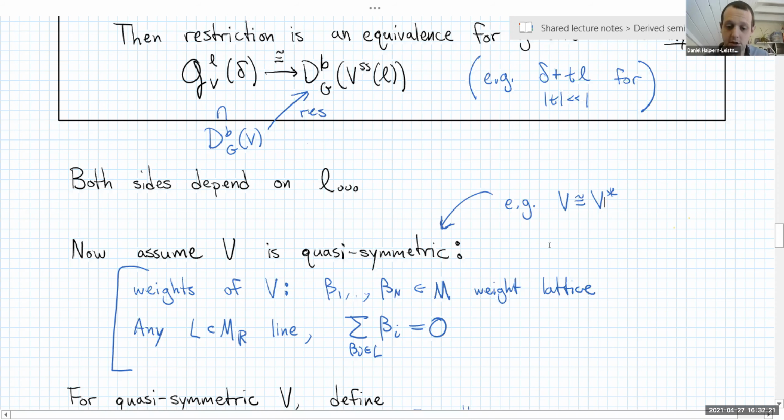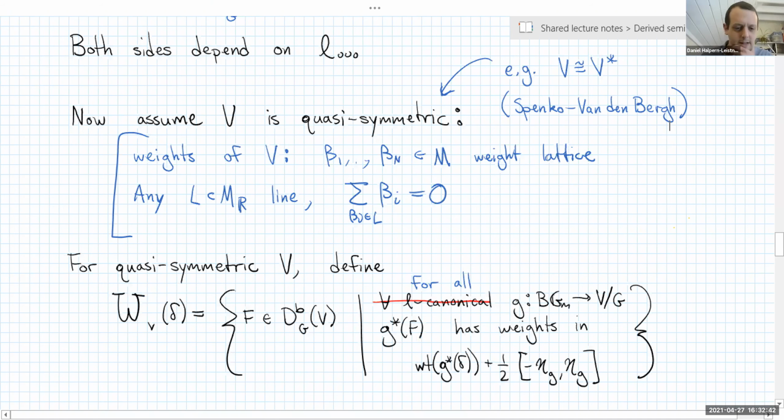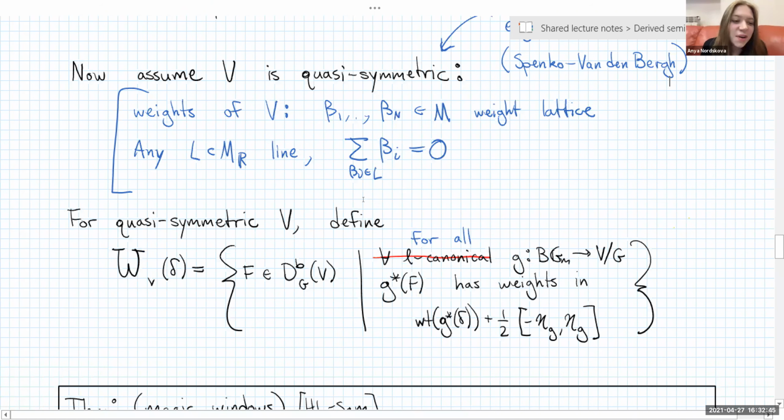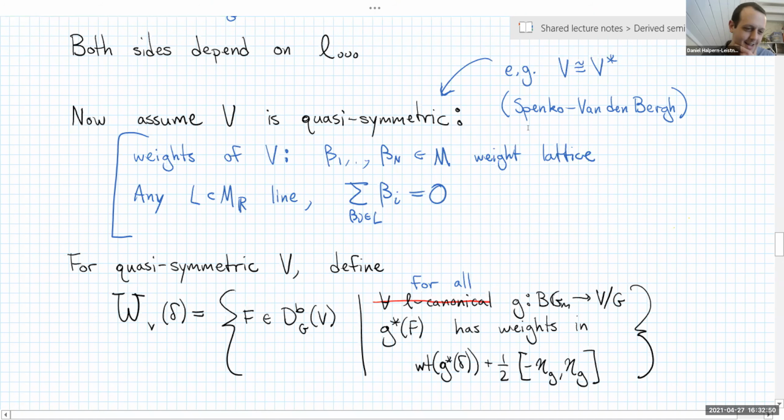This notion was introduced by Špenko and Van den Bergh. Apologies if the capitalization is not right. They introduced this notion in the context of what I'm about to tell you.